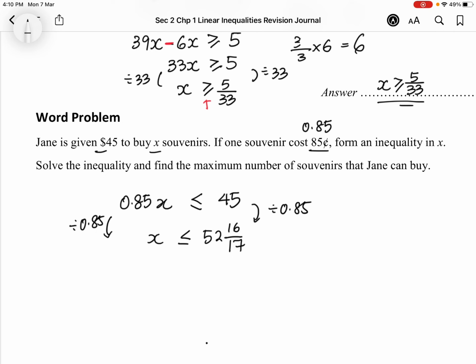What is the maximum number of souvenirs? Since it must be less than or equal to 52 16/17, the nearest whole number will be 52 souvenirs. Have you gotten your answer?